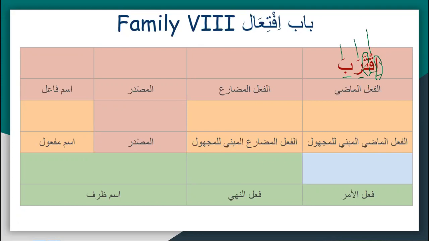So kaf, ra, ba is the root, and see how the added harf is placed. Alif is placed before the root, and ta is placed between the first and second root. So iqtaraba.